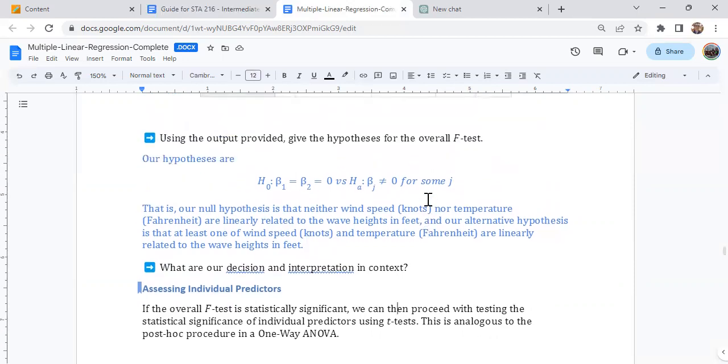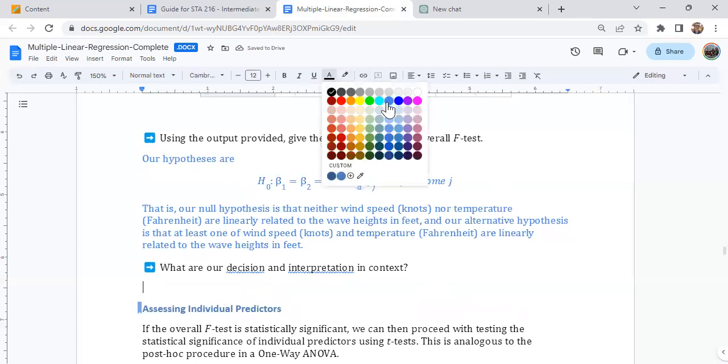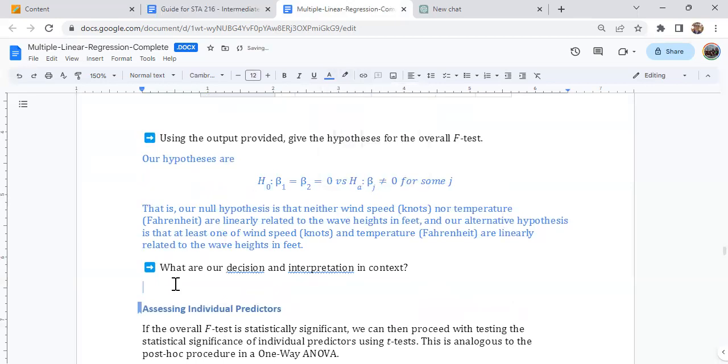Okay. Any questions about those hypotheses? All right. Okay, so then giving our decision and interpretation in context.